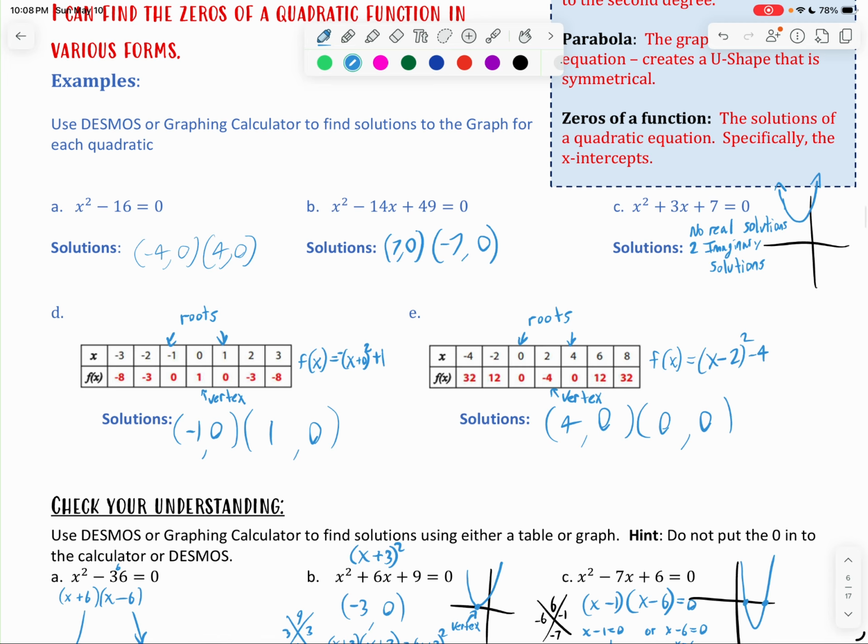Sometimes your solutions are non-real because your graph doesn't actually intercept the x-axis. Now, as we go through, we're going to think more about some imaginary solutions, but that will not be our main focus today.